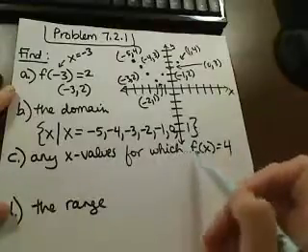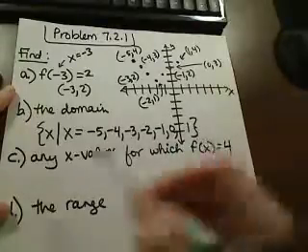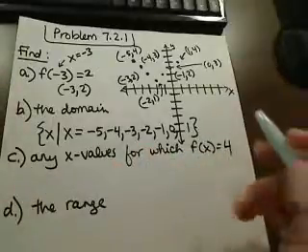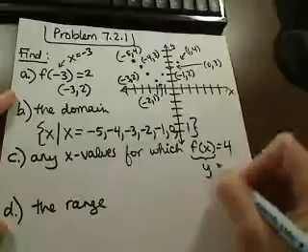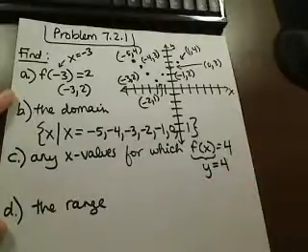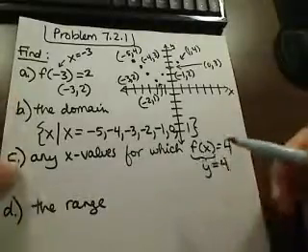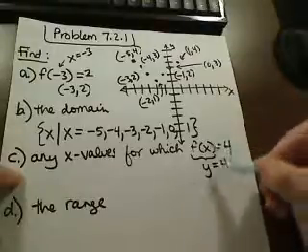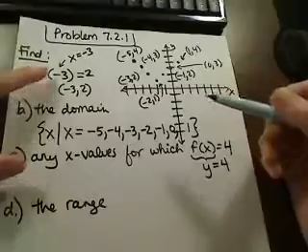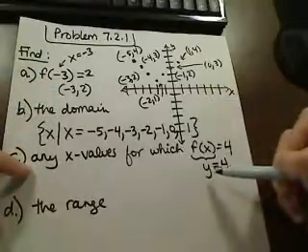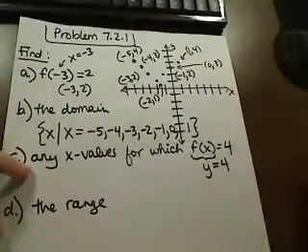Any x values for which f of x is equal to 4. So part C here. This again is function notation. f of x is the same thing as y. So they're actually again asking us for an ordered pair, but they're giving us a y value of 4 this time instead of giving us the x value. So now they want us to find the x value that goes with y equals 4.